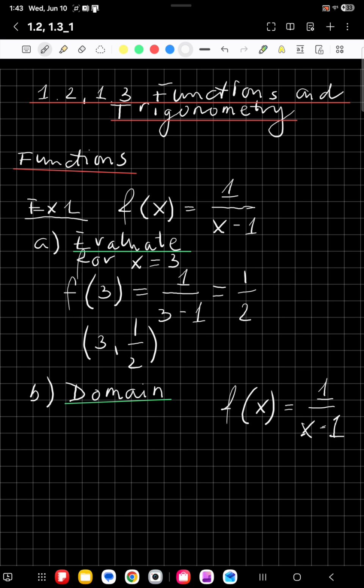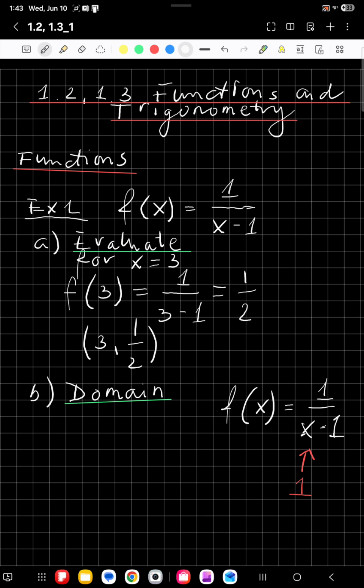So we cannot have a 0 in the denominator, right? So maybe let me make it red. Okay, so I cannot put a number that would give me a 0 in the denominator, right? And that number is 1. And if I plug in 1, I get 0 in the denominator, and that's an undefined number. We cannot have it, so we need to exclude that 1 from the domain.